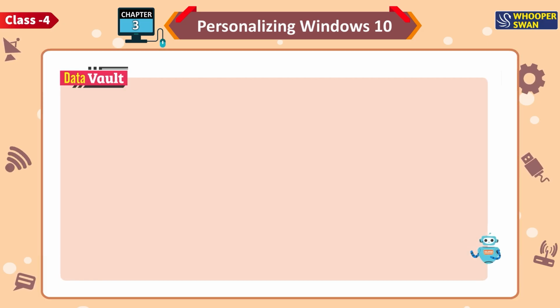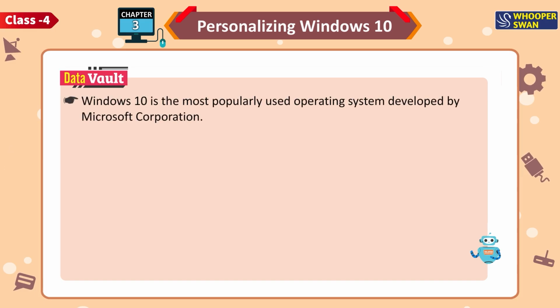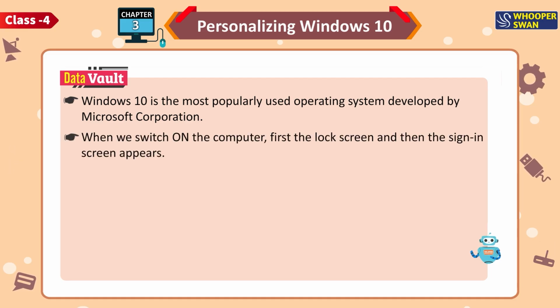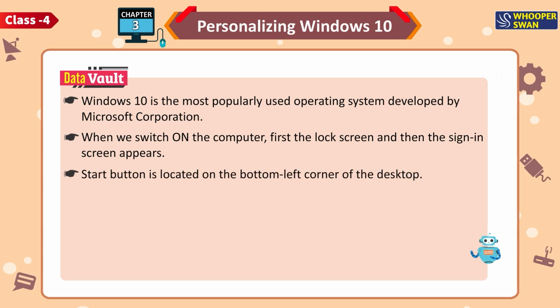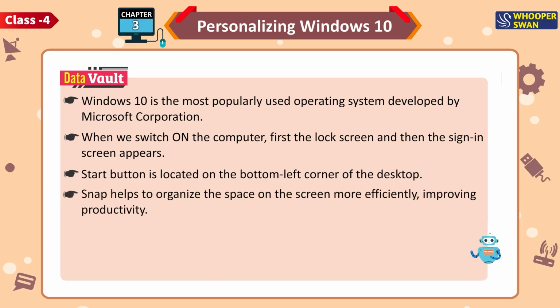Data Vault. Windows 10 is the most popularly used operating system developed by Microsoft Corporation. When we switch on the computer, first the lock screen and then the sign-in screen appears. Start button is located on the bottom left corner of the desktop. Snap helps to organize the space on the screen more efficiently, improving productivity.